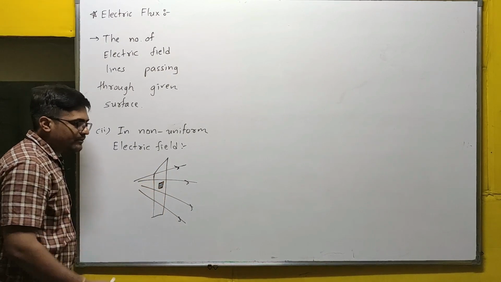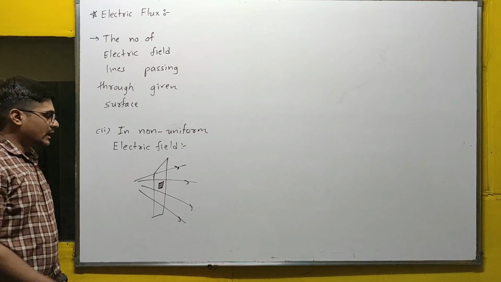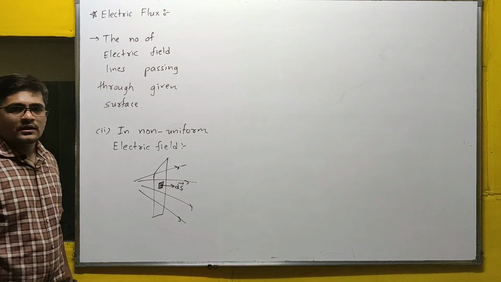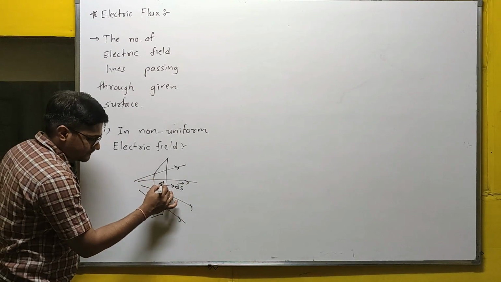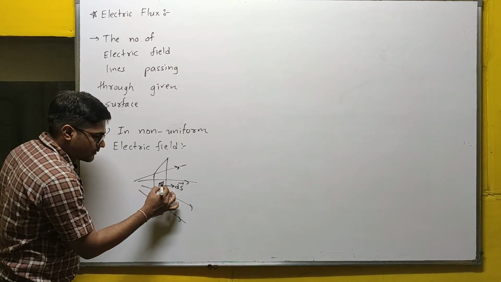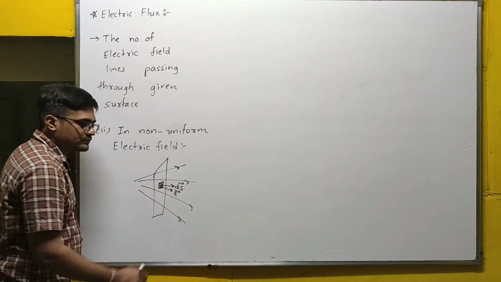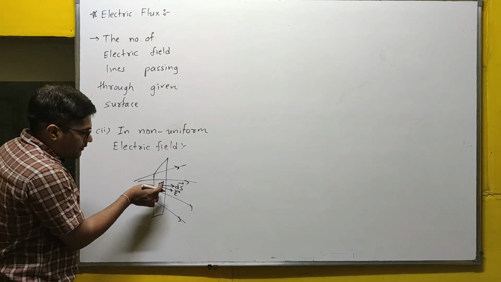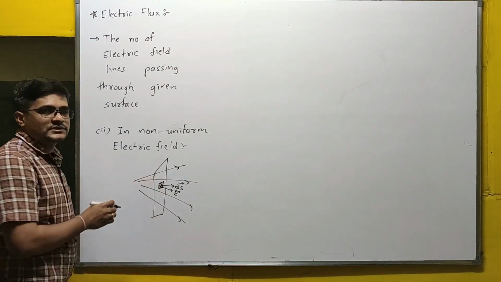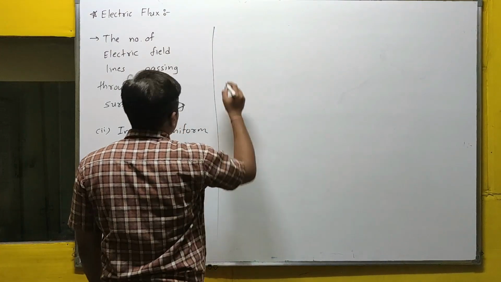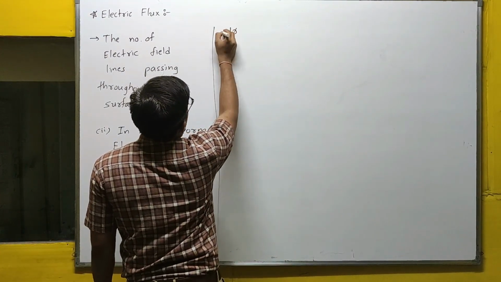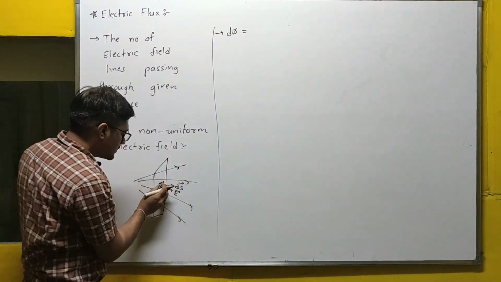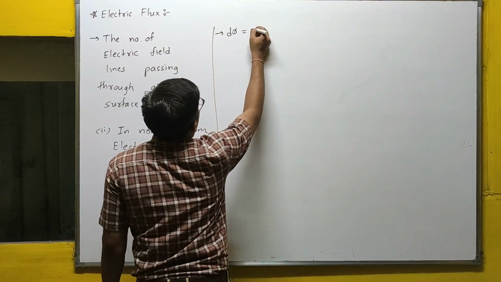Consider this small element, whose surface area is ds, and the electric field at this point is E. Then find the flux associated with this small surface, denoted by d phi. So d phi is the flux associated with this small element, equal to E dot ds.